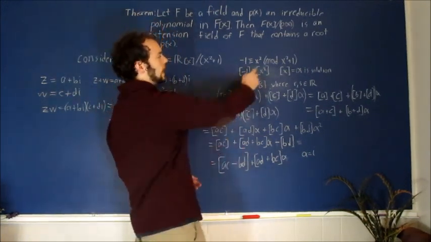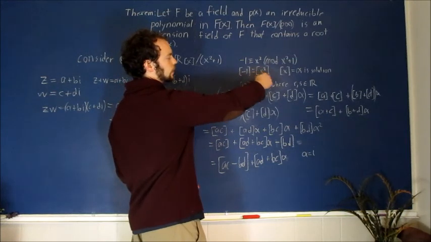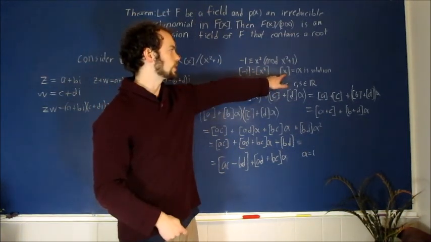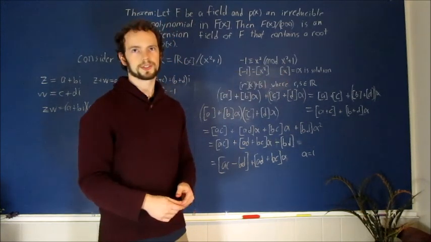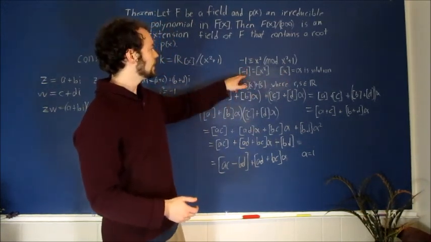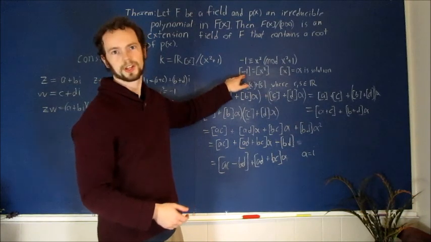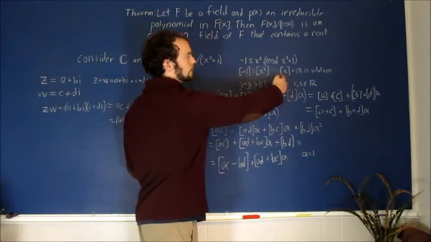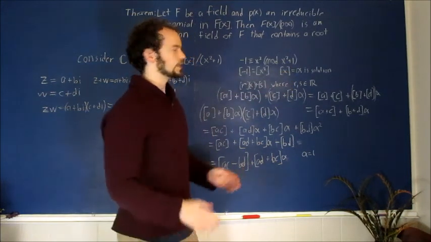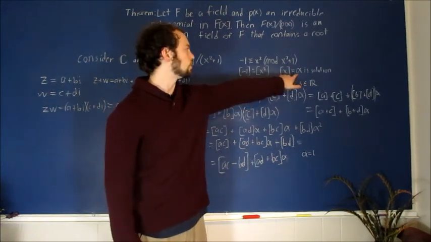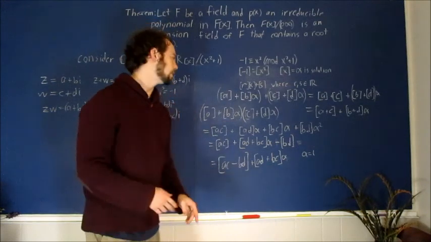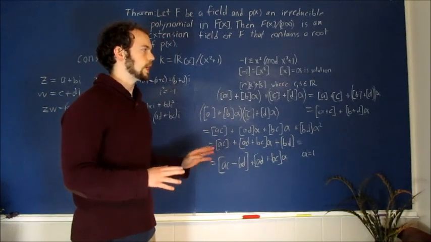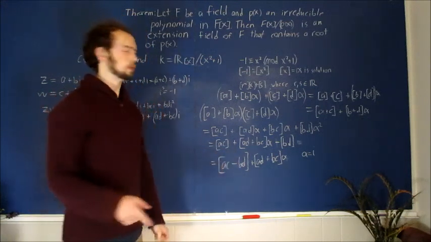That means the congruence class of x squared, which is just this congruence class multiplied by itself, is equal to the congruence class of -1. So the congruence class of x is a solution. Here I've just renamed it alpha so that the notation becomes a little easier to work with.